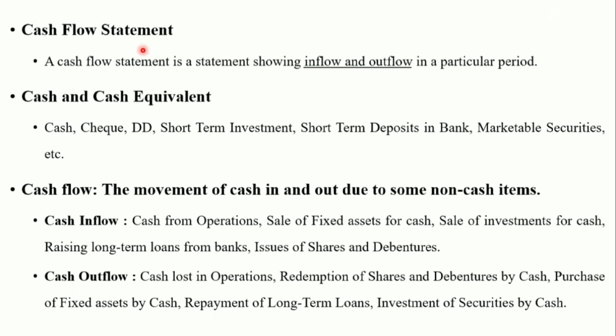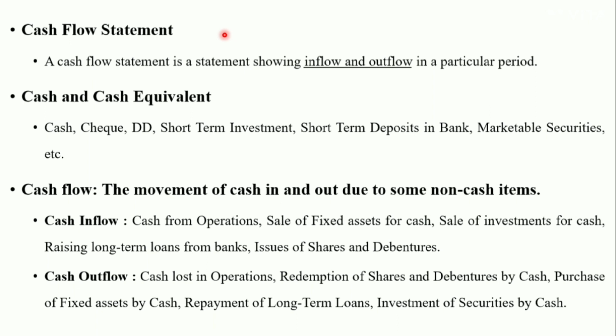But management, creditors, and investors want to know the cash position of the organization. It is not possible to understand the cash position from these financial statements, that is, the income statement and balance sheet. The income statement is prepared based on the accrual system. Means in the income statement we record two types of transactions, cash transactions and credit transactions.